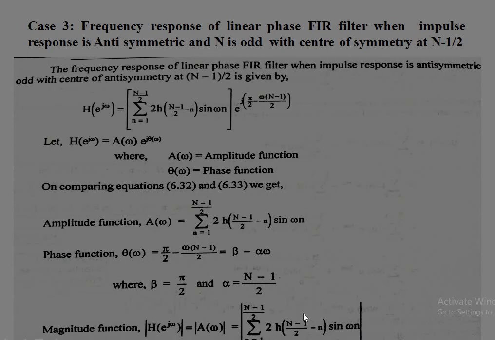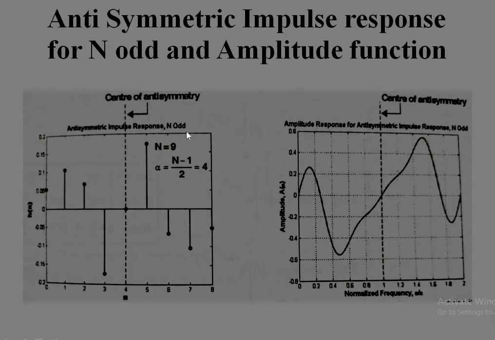This is the magnitude response whenever we consider the impulse response to be anti-symmetric and the number of samples to be odd, with the center of symmetry lying at (N minus 1) by 2. The typical sketches once again for this anti-symmetric impulse response, when N was considered to be 9, and its corresponding amplitude response are also shown in the figure.